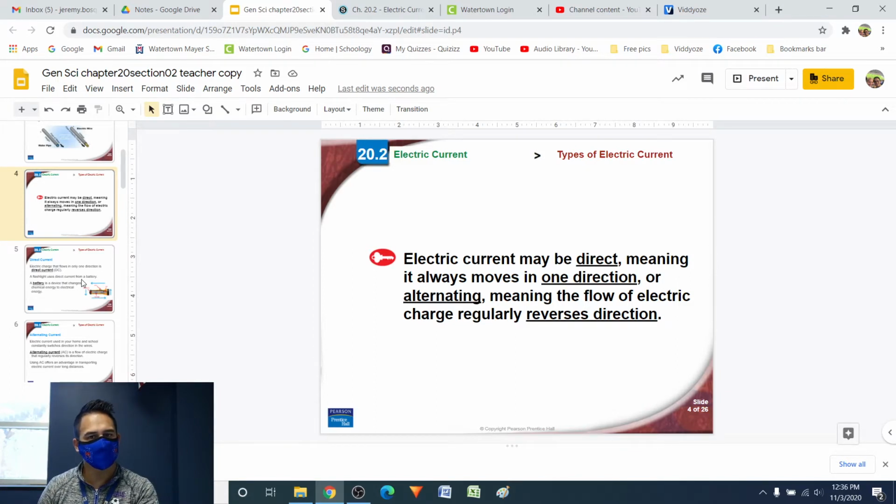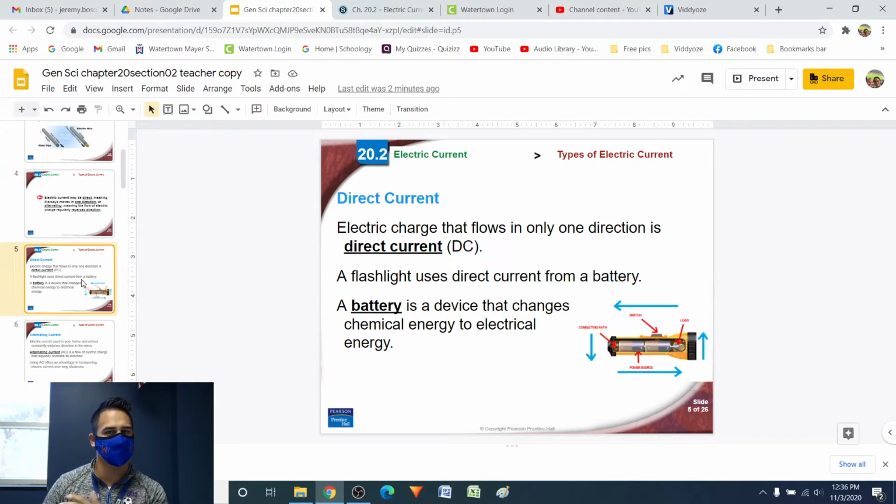So let's take a look at some examples of direct current versus alternating current in real life, right? What kind of things have direct current? Batteries are a really good example of objects with direct current, where the charge will go in one direction.